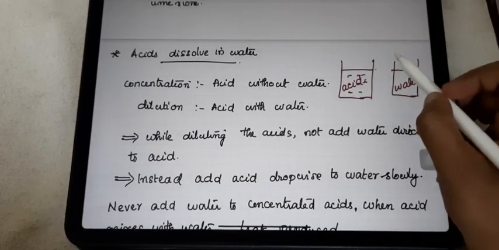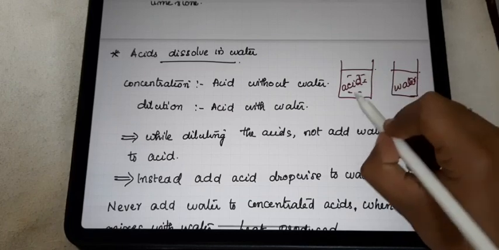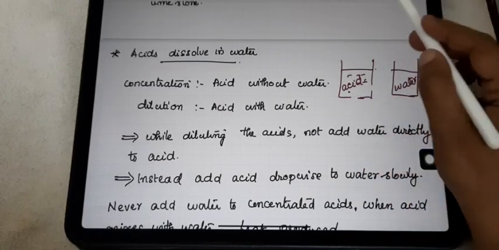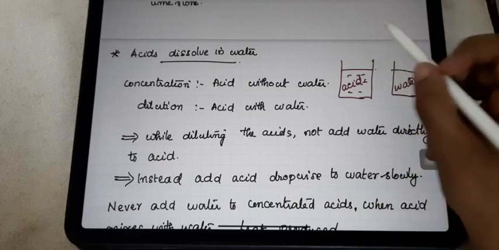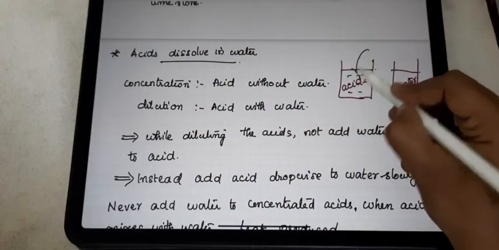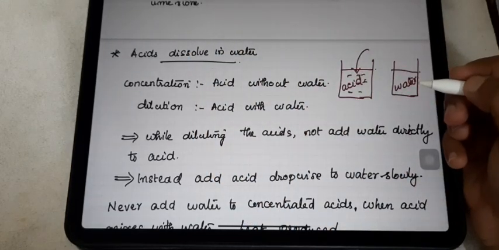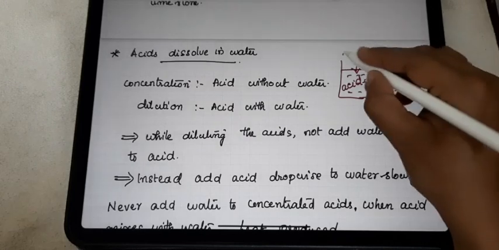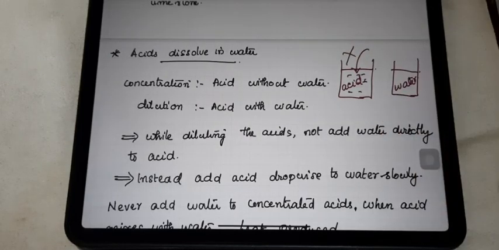In the case of dilution, we think that we take the acid first in the beaker and add water into it. That is the usual method we prefer for dilution, but it is the wrong method for diluting acid. Why?